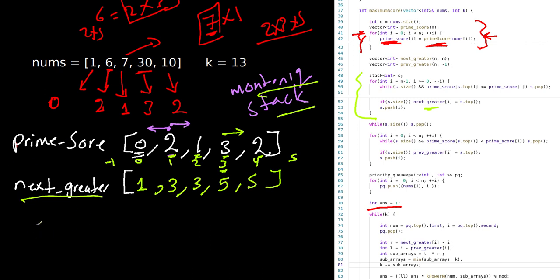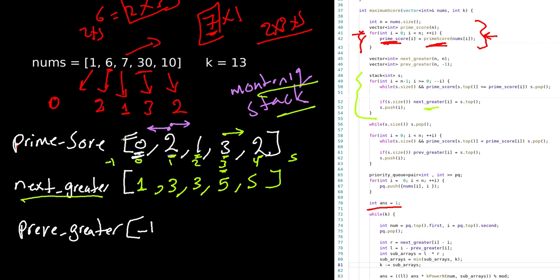Then we will do the same for previous greater. For every element we will find the first element that is greater or equal to the current element. So for 0 it's -1.